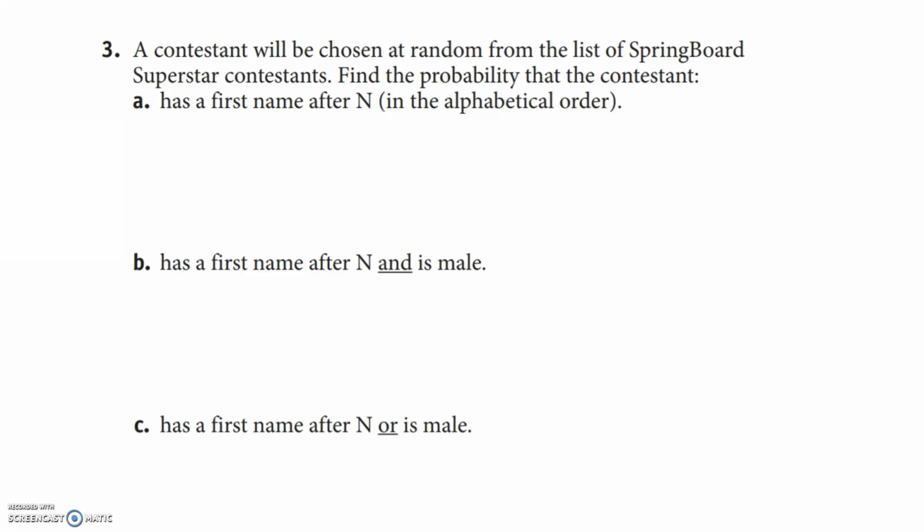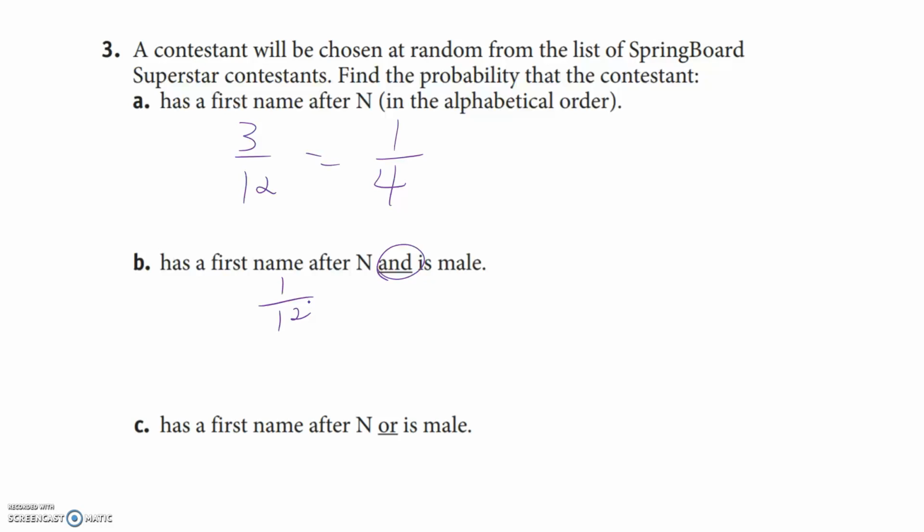All right, let's take a look at A. Has a first name after N in alphabetical order. You should have found 3 out of the 12, which would be a 1/4. Has a first name after N and is male. That would only include 1 out of the 12.